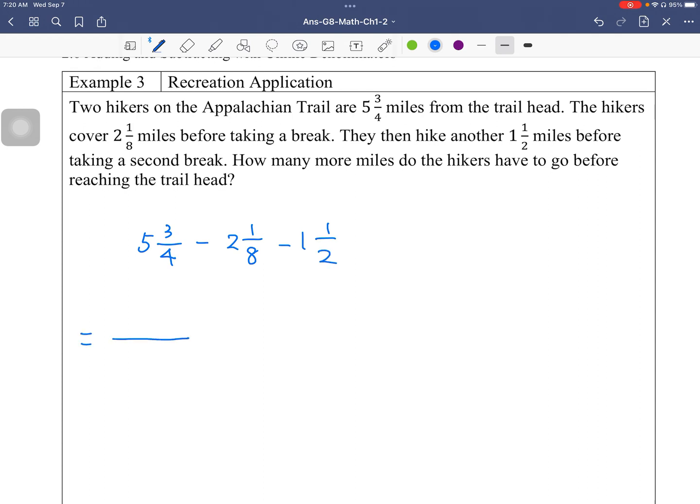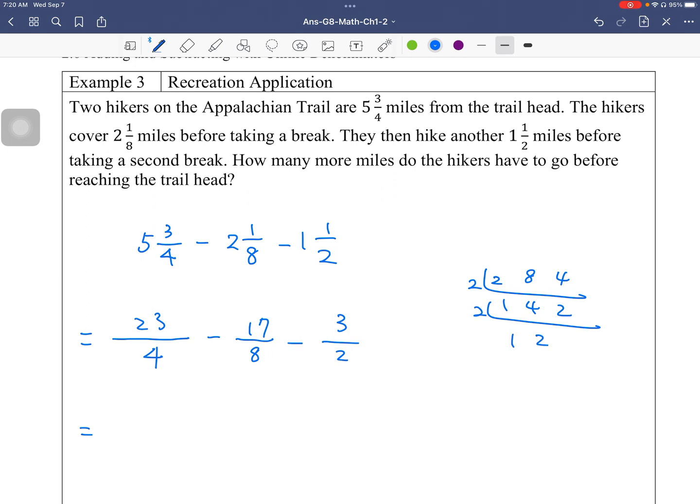So first of all, make it improper fractions: 23 over 4, 17 over 8, and 3 over 2. I'm very sure that you can see that I can just use 8 in this case, but to follow the most standard procedure, I still do it one time.